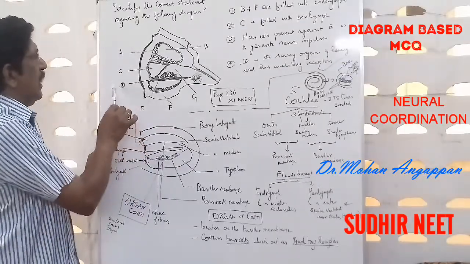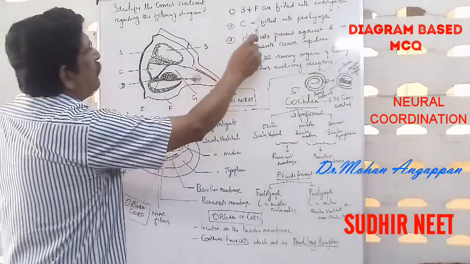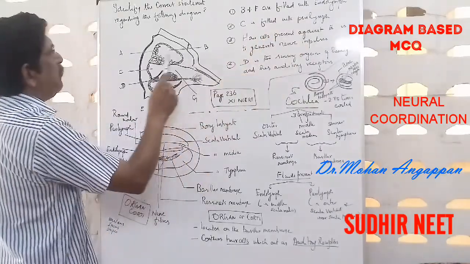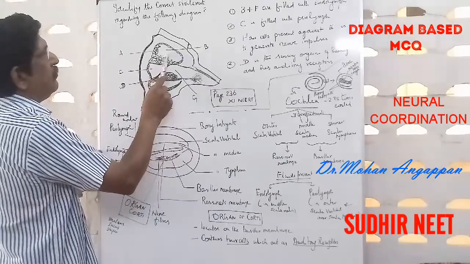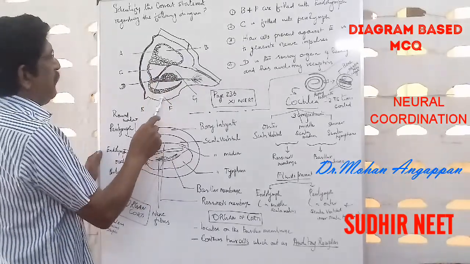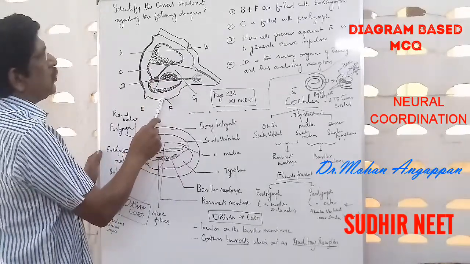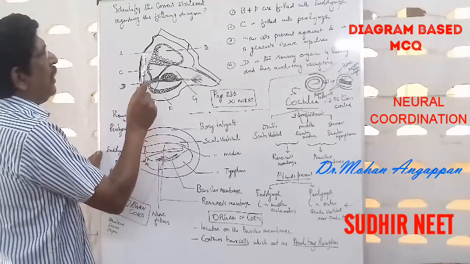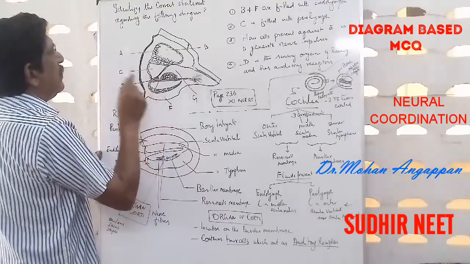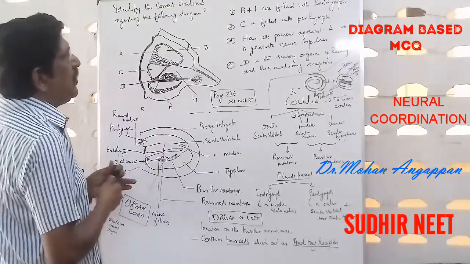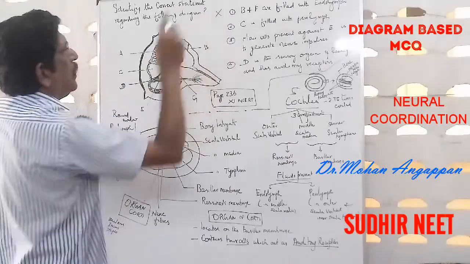So the question: B and F are filled with endolymph. B is the portion with perilymph. F is the bony labyrinth. Endolymph is filled only in the middle area, that is the scala media. So the first option is wrong.